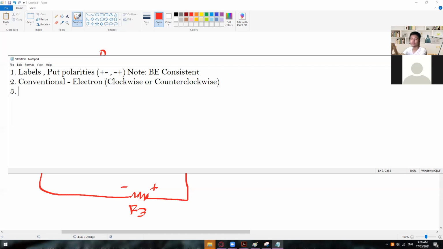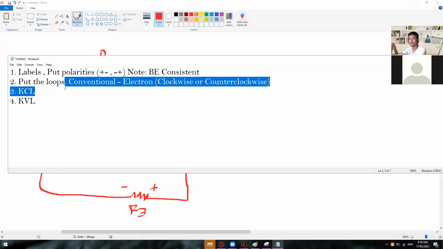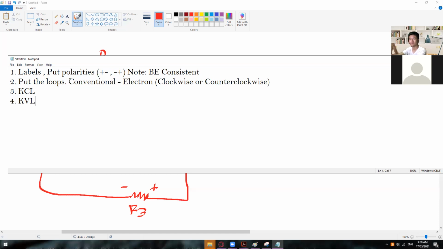And then after that, you can now perform KCL, the first law, and then KVL, the second law. I forgot to put the loops. After putting the loops, you can now perform this one. And then from here, simultaneous equations.